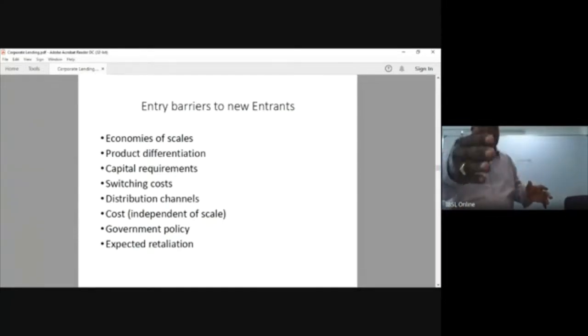So this is economies of scale, product differentiation, capital requirement, switching cost. Switching cost, monetary and non-monetary.